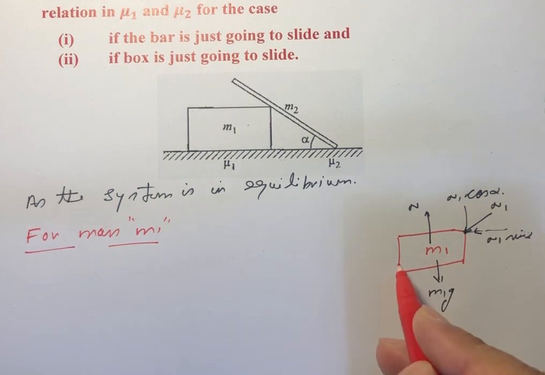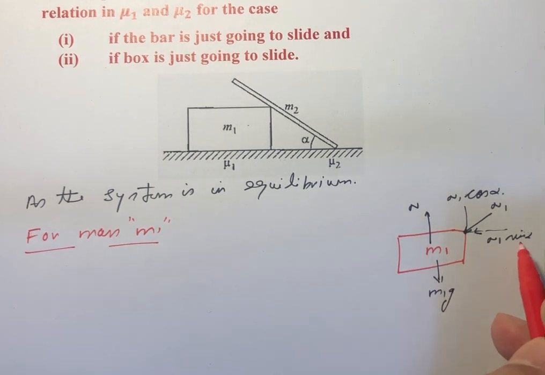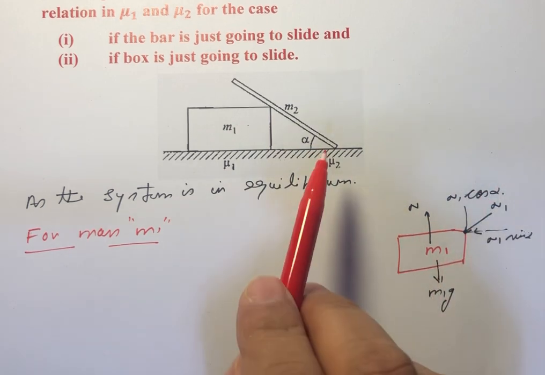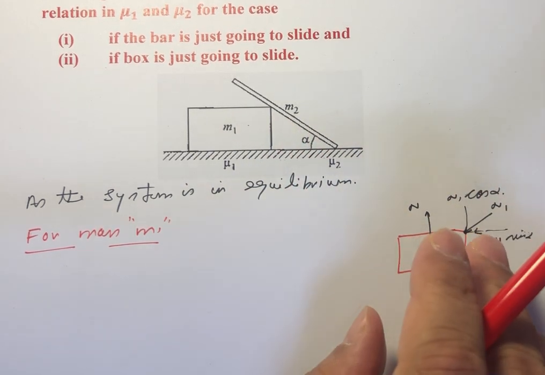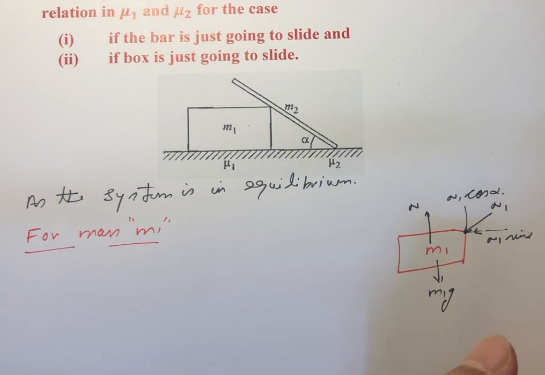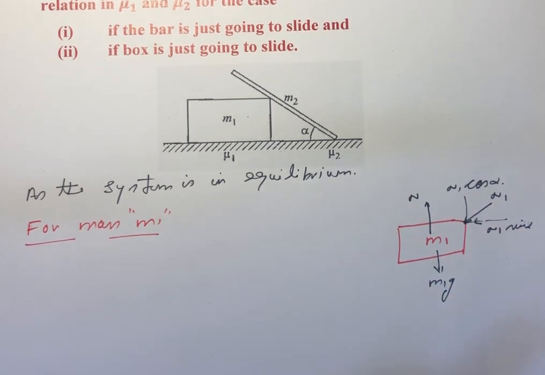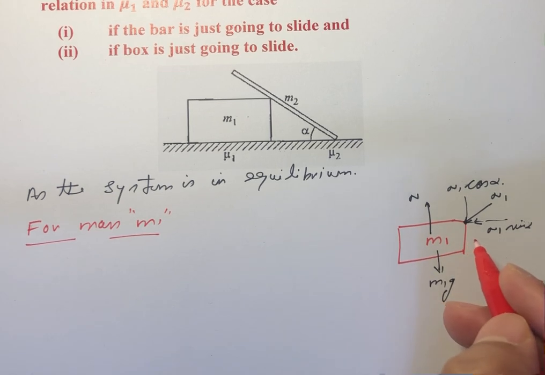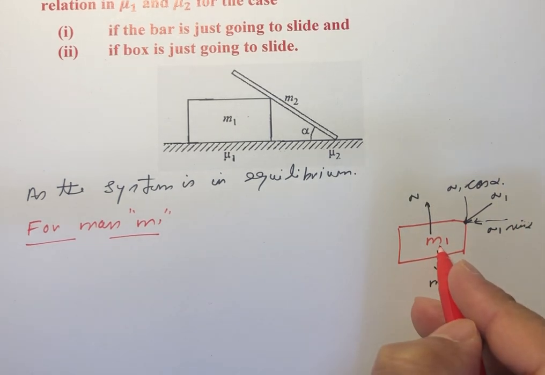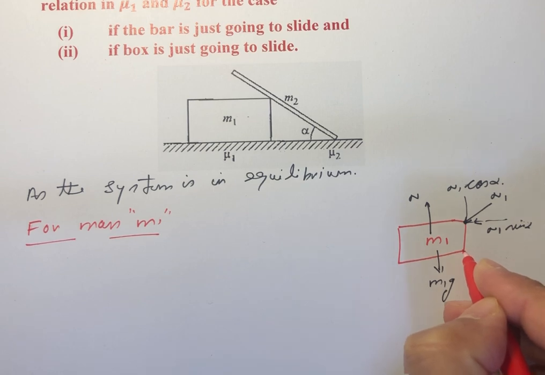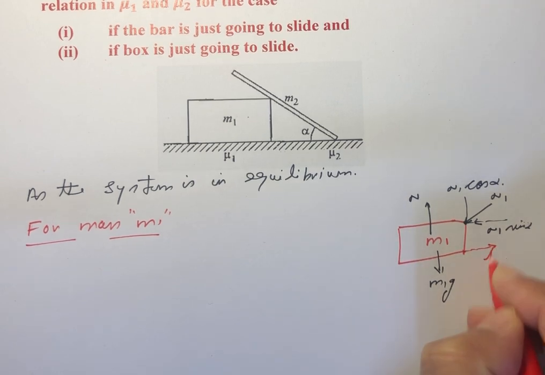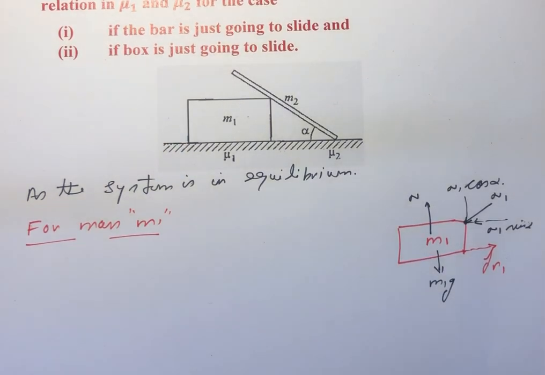It will try to move towards left because of this n1 sine alpha, and later on we will also see that m2 will have the tendency to move towards the right. So these are the forces which will be acting on it, and n1 sine alpha will have the tendency to move m1 to the right side, so there will be a frictional force, let us call this fr1, which will be acting in the opposite side.